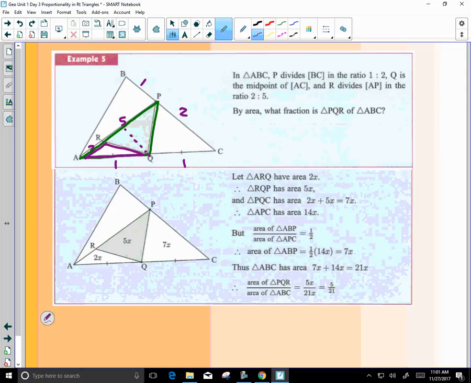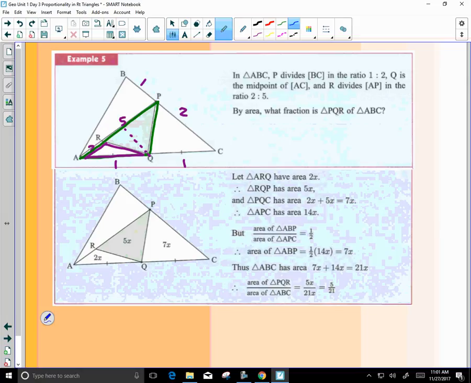Therefore, the bases are proportional, and so are the areas. So if the bases are 2 to 5, what are the areas going to be? One more time. Same heights. This purple triangle and the green one have the same height.